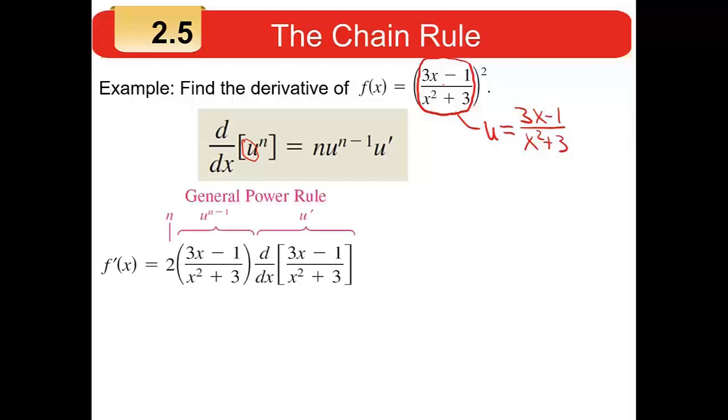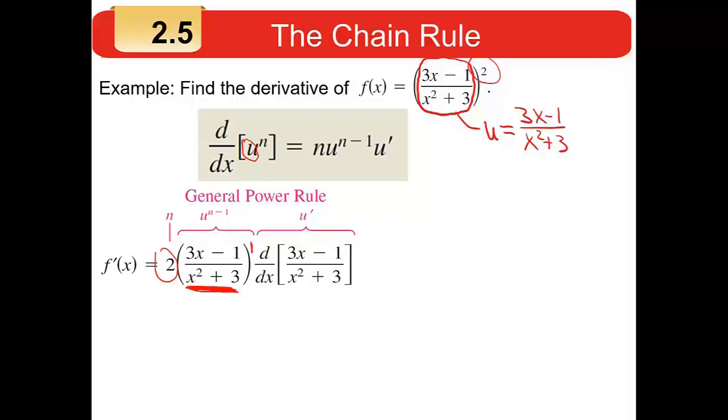Well, what does the general power rule say? It says you take the exponent, which in this case is 2, and you write it down. Then you write the base down, the u. Don't change it, just write the u down. And reduce the power from 2. They didn't write that here, but remember, that's an understood 1. So you don't need to write it in, but if it helps you to remember that you're reducing it by 1, you can.